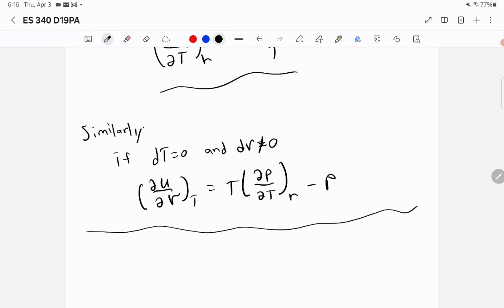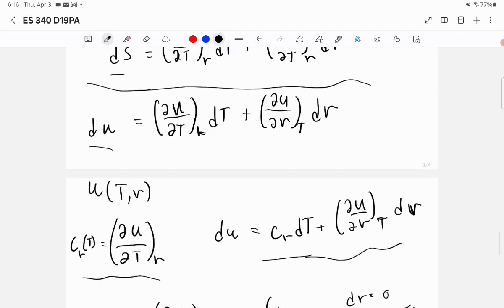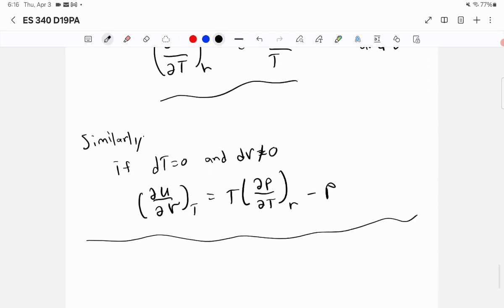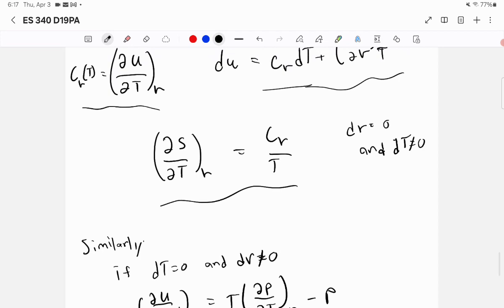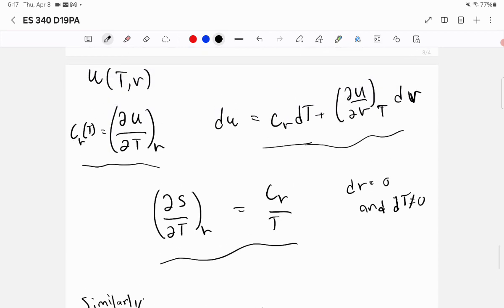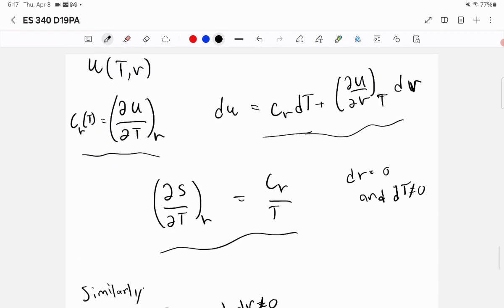We'll do some examples that relate back to this section, so that you can map them back nicely. But these are equations that we can come up with directly from the differential versions of these equations, right? The du is equal to this, ds is equal to this.